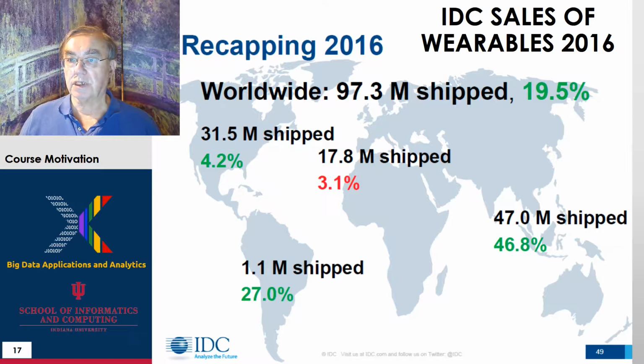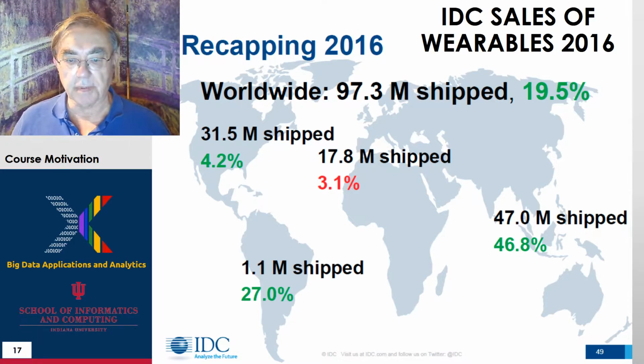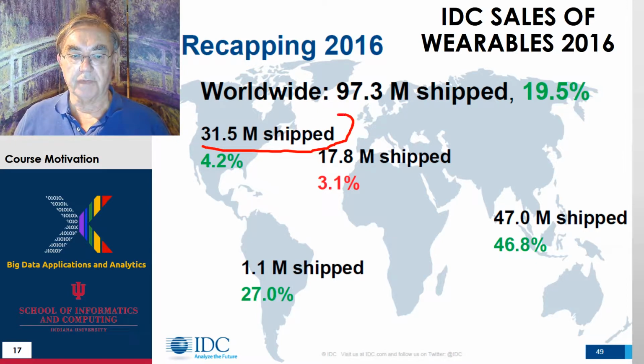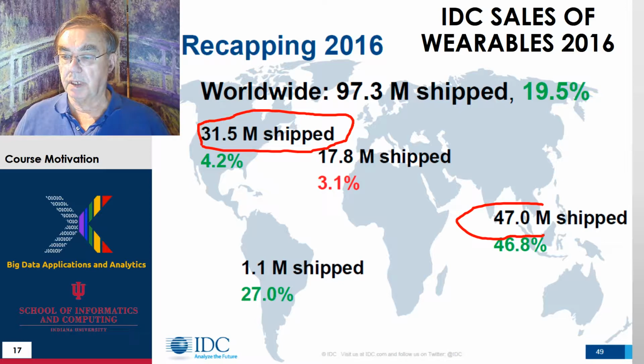So here is a chart from IDC of the sales of wearables. Let's ignore the percentages because they don't appear totally consistent with the numbers shipped. So 31.5 million shipped to the Americas and 47 million shipped to China, India.